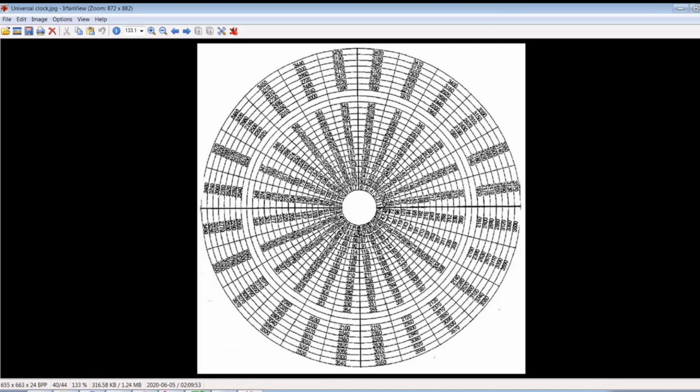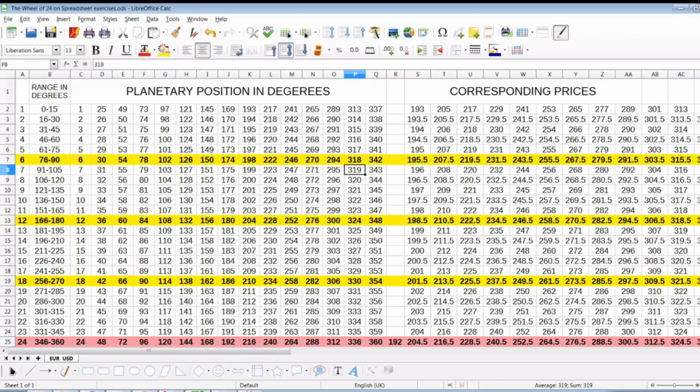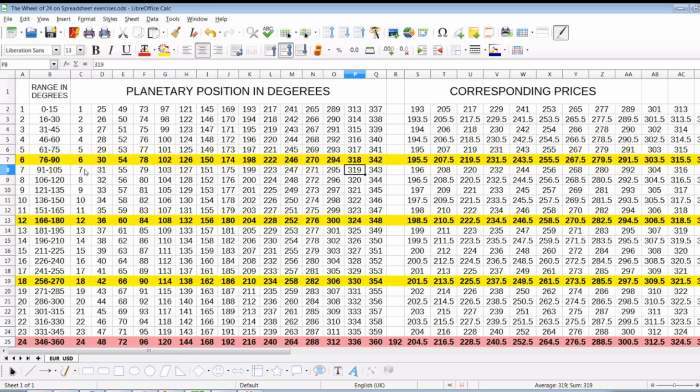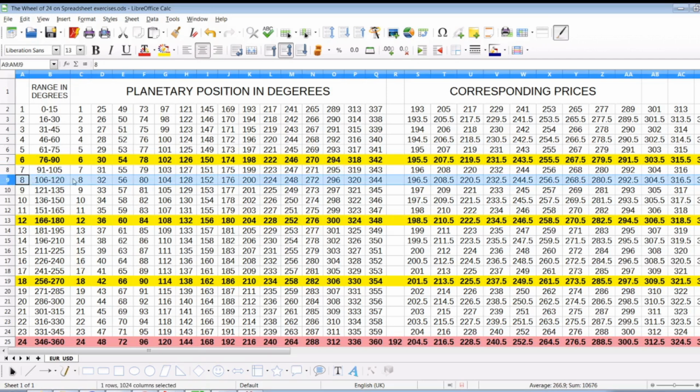If the respective instrument, be it currency or share, reacts to other aspects, such as the trine, for example, then we would mark the line of 120. Here is 120, as you might see, this one, line number 8. So we got 8, so it should be 16.